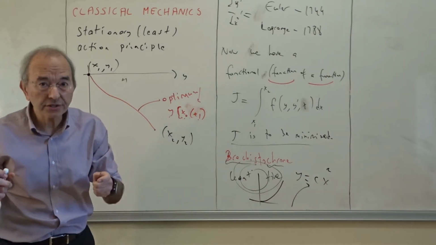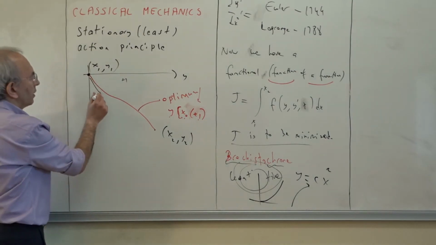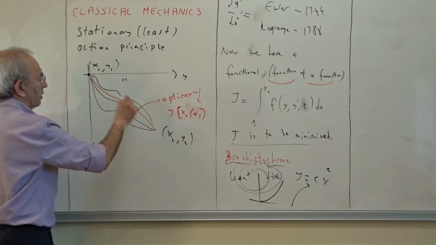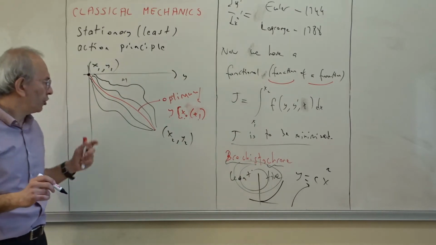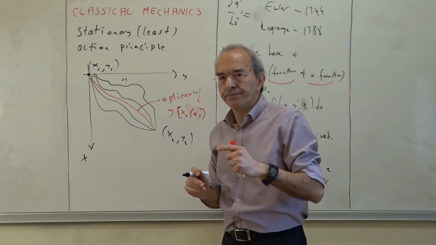But all others, which are very nearby functions, maybe this one, or that one, or that one, all others, black curves, are necessarily a bit longer.